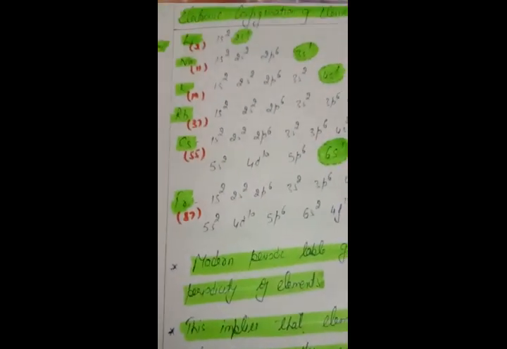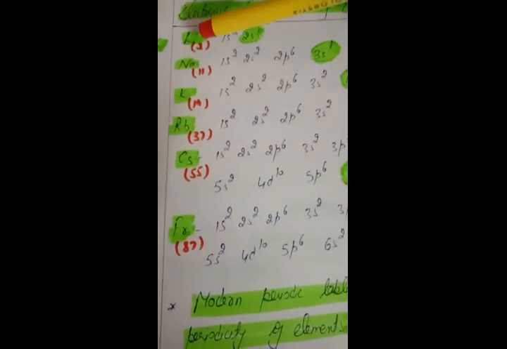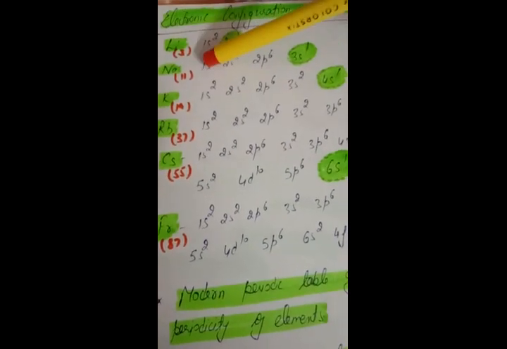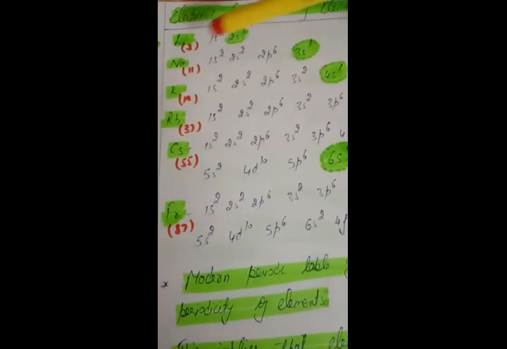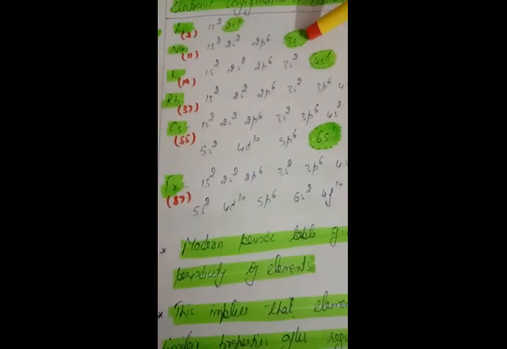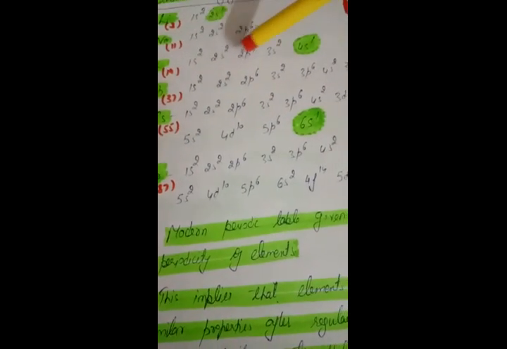Using this table, the long form of the periodic table was formulated. Here I have written the electronic configuration of elements for group 1. For lithium, whose atomic number is 3, it's 1s2 2s1. For sodium, it's 3s1. For potassium, it's 4s1.